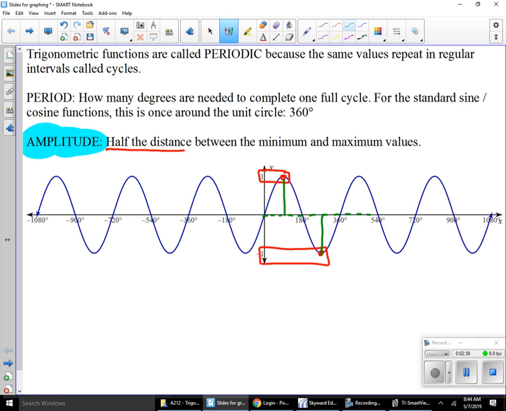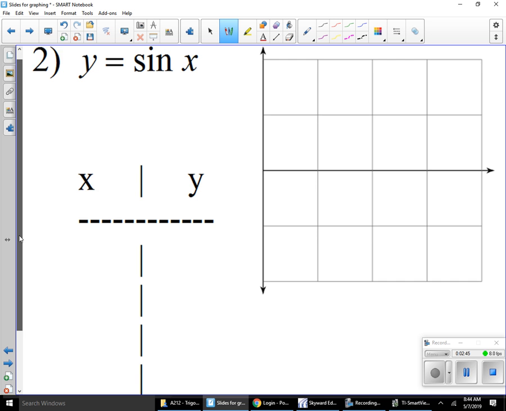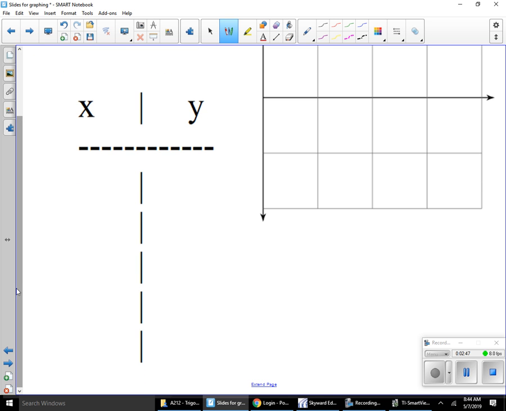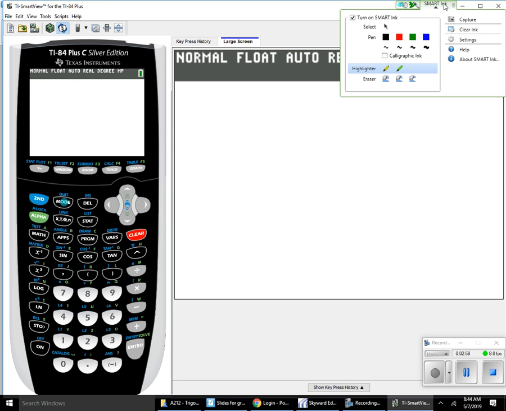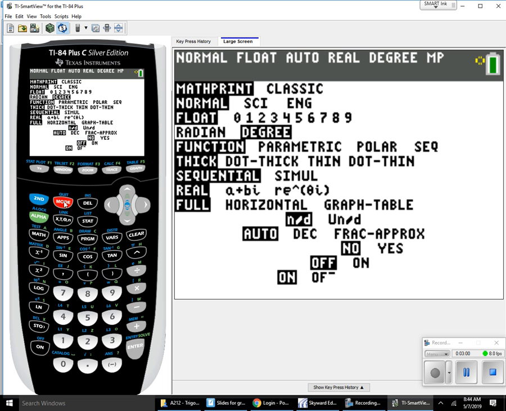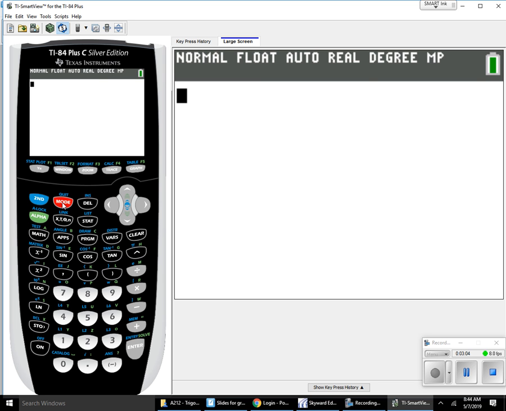Let's actually graph these parents, get an idea of what they look like. We're going to start with sine of x, and like with all of our graphs, we're going to start with a table. Now, I know you don't know what sine of 0 is off the top of your head, but your calculator can help you out here. Remember that we are in degrees for our mode, and mine is still set up that way. Make sure yours is as well if you're following along.